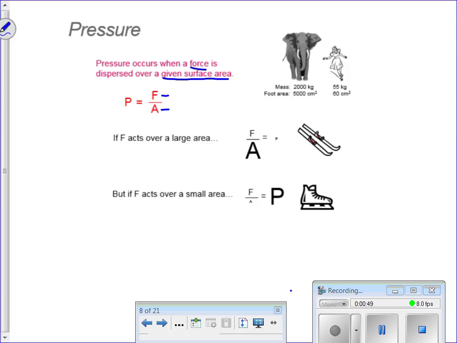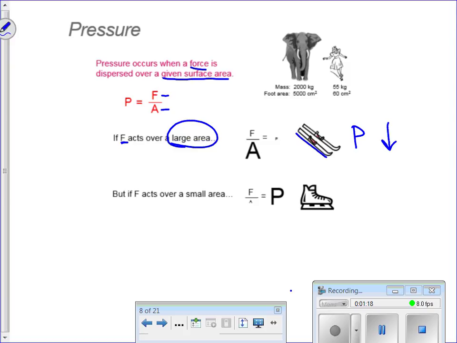If you have a force acting over a very large amount of surface area, for instance, if you have skis, the amount of area of the ski that's in contact with the ground is large. If you divide force by a large area, then your pressure will be a low number. It will be a very low pressure.